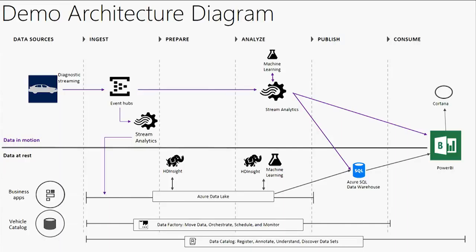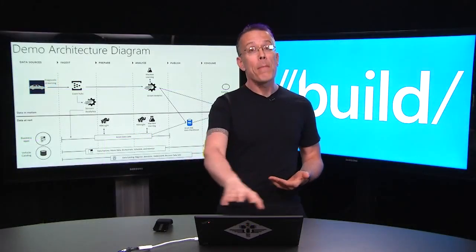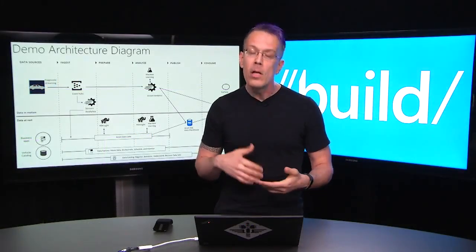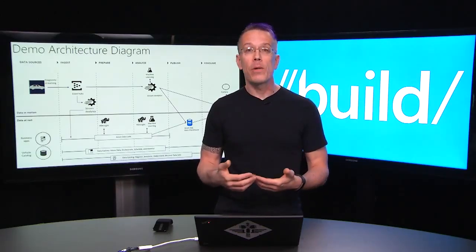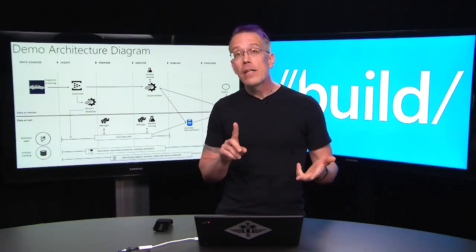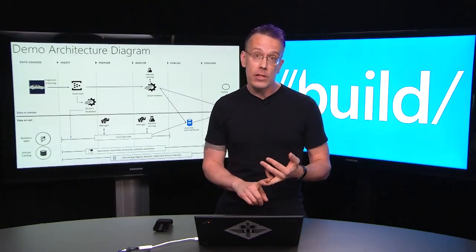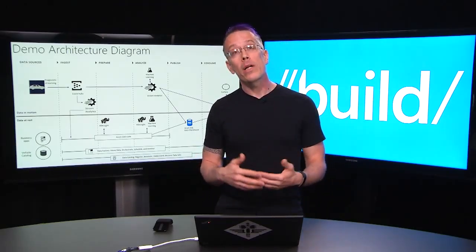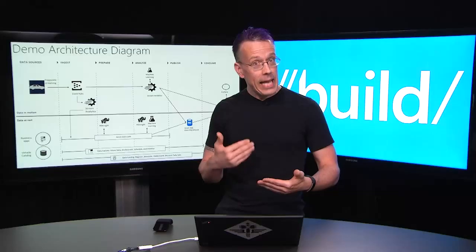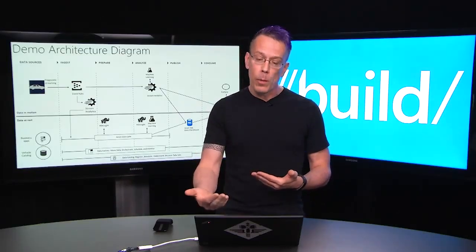So this information is going into Azure Blob Store, it's going into Azure Data Lake Store, and we're also using for our cold path, or for the batch processing down at the bottom part, we're using Azure Data Factory to do processing, to do partitioning, to do manipulation of this data in batch, working with data at scale, again, to get it into the right place at the right time.